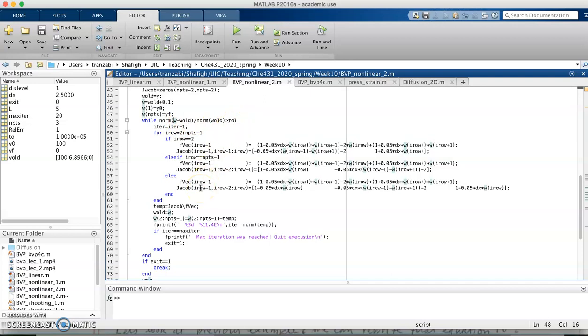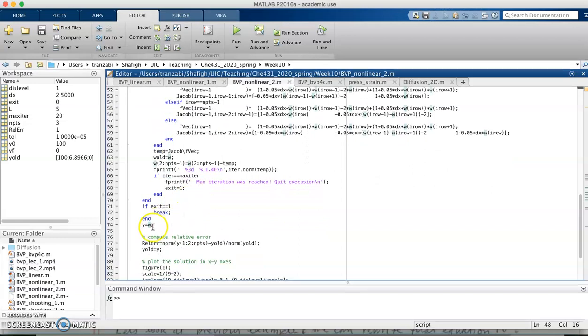After this converges, then our w is now assigned to y, and now I can check whether to stop increasing the discretization level. This is the previously converged solution, y old. This is the low discretization level.